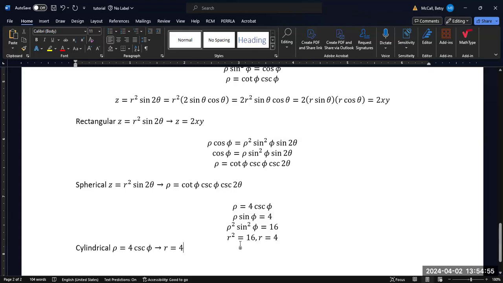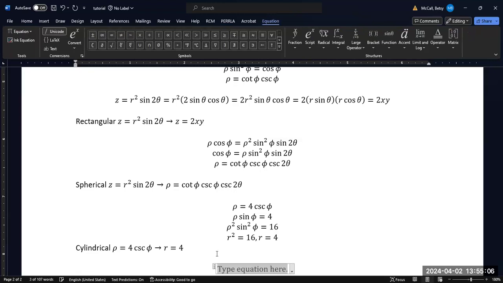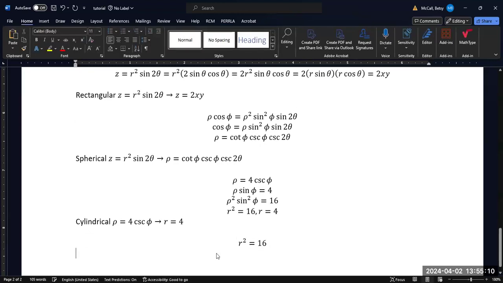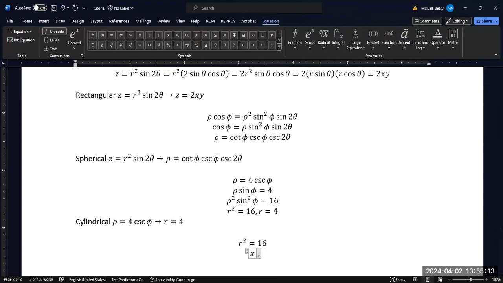Now, once we have it in cylindrical, then getting it back to rectangular isn't too bad. We're going to start with the r squared equals 16. In rectangular, we know that x squared plus y squared is equal to r squared.